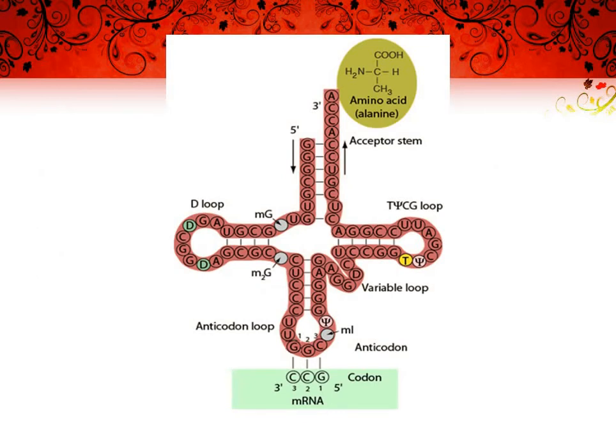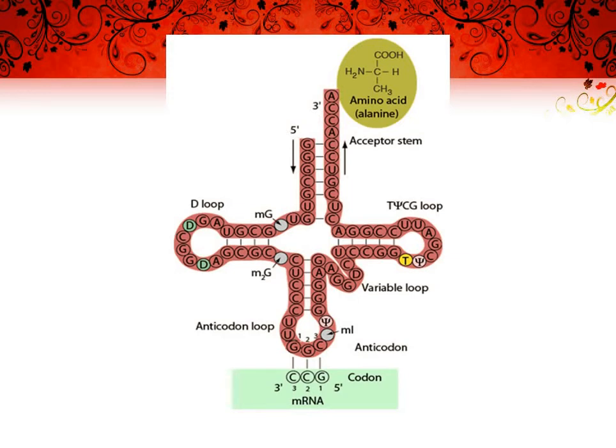Now we shall see the structure of transfer RNA. The structure of transfer RNA was explained by R.W. Holley. This model is known as the cloverleaf model of transfer RNA. According to this model, each transfer RNA has two ends, the 3' end and the 5' end.